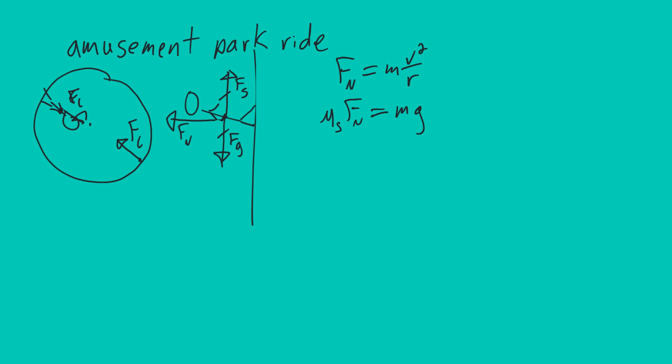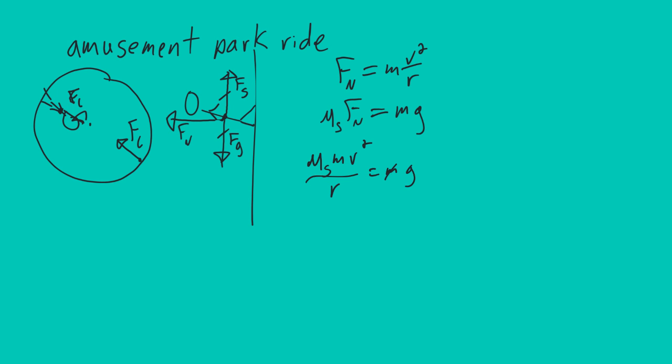So now we have a system of equations. We can solve for what our minimum velocity going in a circle is going to be so that we can stand on the edge. We can already do some substitution. We know that the normal force is equal to mass times velocity squared divided by radius, so let's substitute that in. We get mu s m v squared over radius is equal to mass times gravity, right?